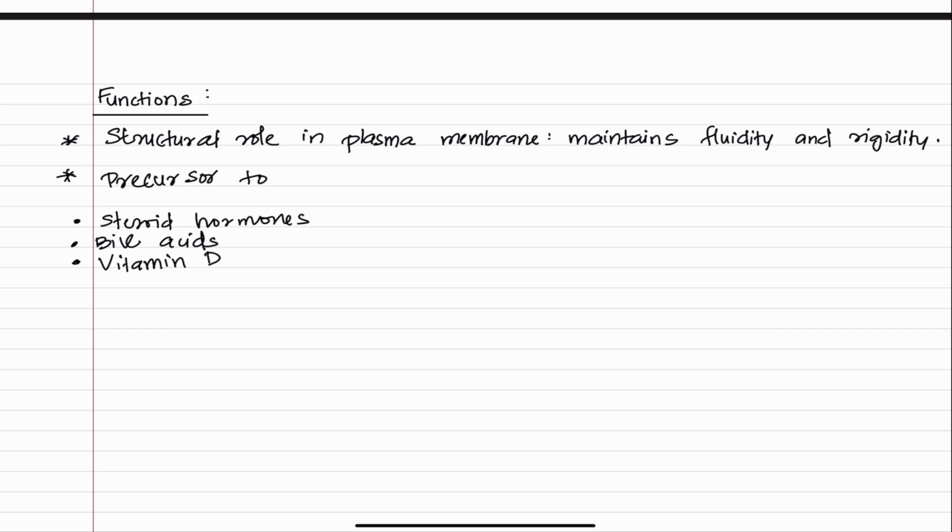And we can also write a line for steroid hormones, bile acids, and vitamin D, which can be an example. For bile acids we can write the function of bile, which helps emulsify fats for digestion, and for vitamin D we can write synthesized in skin upon UV exposure. The next one we can write is transported in blood via lipoproteins.